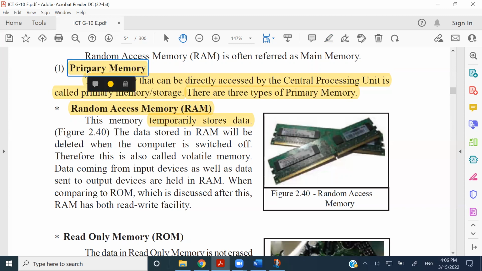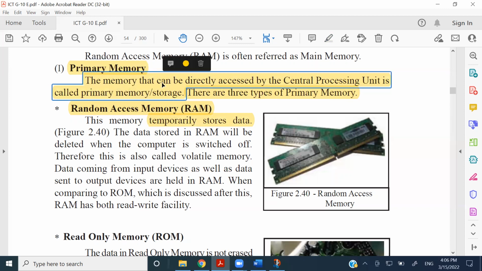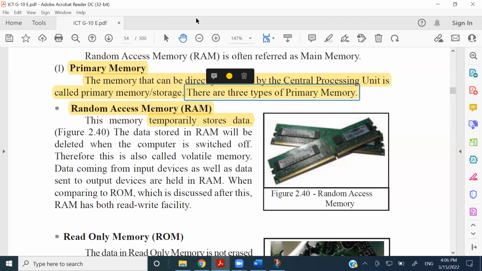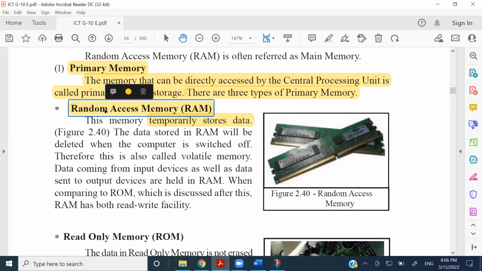Under that, this point is going to go. And after that, we are going to talk about the 3 types. The first type is going to be the random access memory. So under it, these highlighting points are going to be written. You can write it as point forms, right?